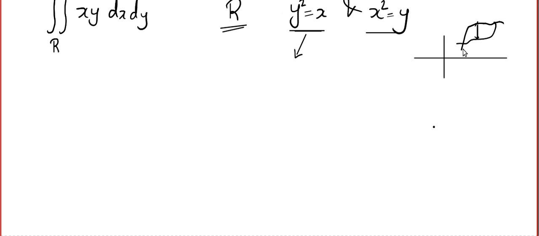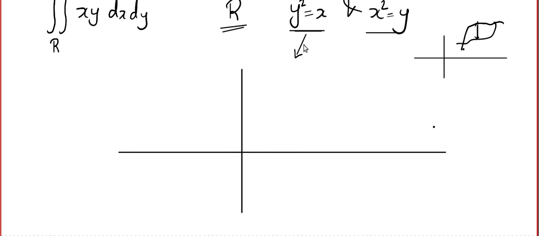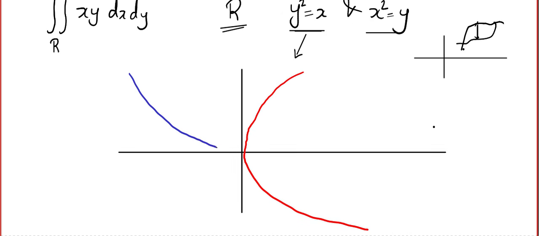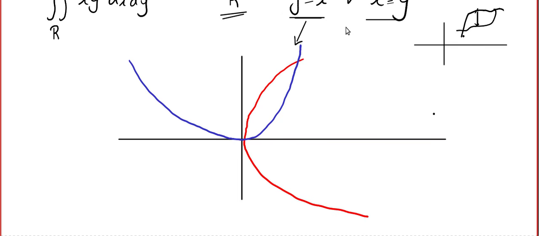Okay, so let's make a rough picture. So y square equal to x looks like this and x square is equal to y looks like this. Okay, now let's find the point of intersection. In your class 9, 10, you may remember if you want the point of intersection, you will solve the equations simultaneously.